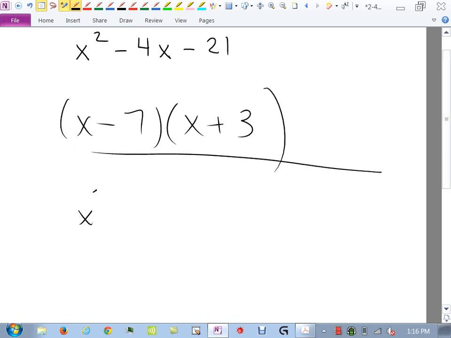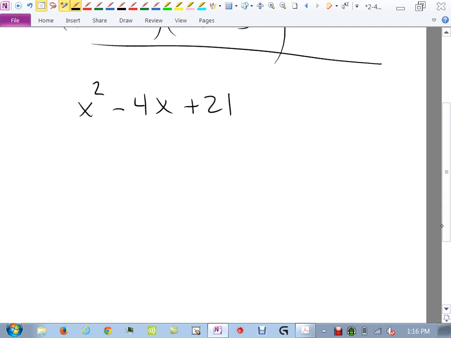Would this work? This is a new problem. How can you get 21? Well, 7 and 3, right? So maybe you try it, but what's the problem with this one? If you do 7 and 3 like this, the problem is that you need the last number to be positive, don't you?